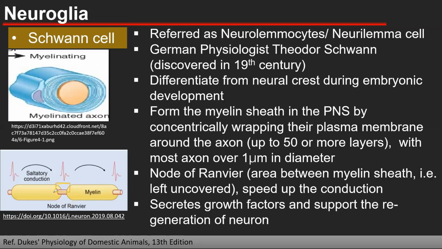These nodes lie between the myelin sheaths, and the action potential generally moves from one node of Ranvier to another node of Ranvier. So these are the areas of the axon where the myelin sheath is not covering.